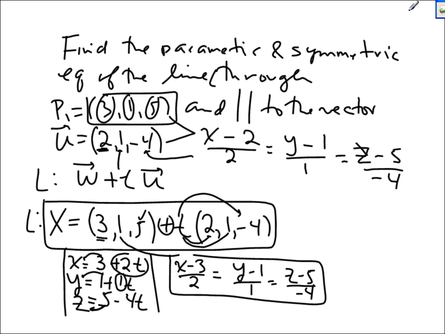If you can just state it that way, you can stop doing a million problems. If you're given a point and a vector parallel to the line you want, and you want the symmetric equations, you just do x minus the x value of the point divided by the x value of the vector, equals y minus the y value of the point divided by the y value of the vector, equals z minus the z value of the point divided by the z value of the vector.